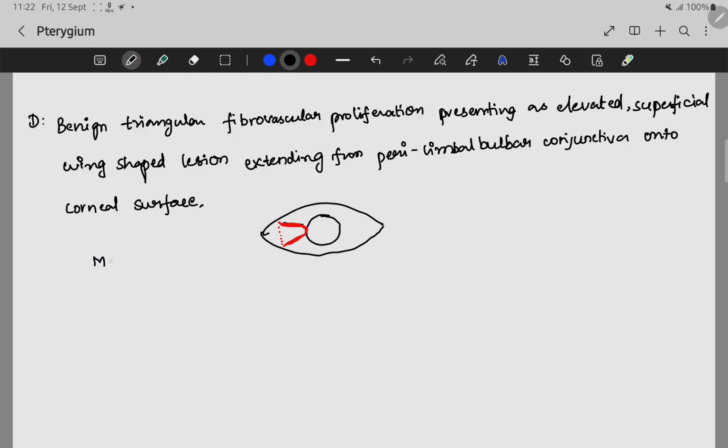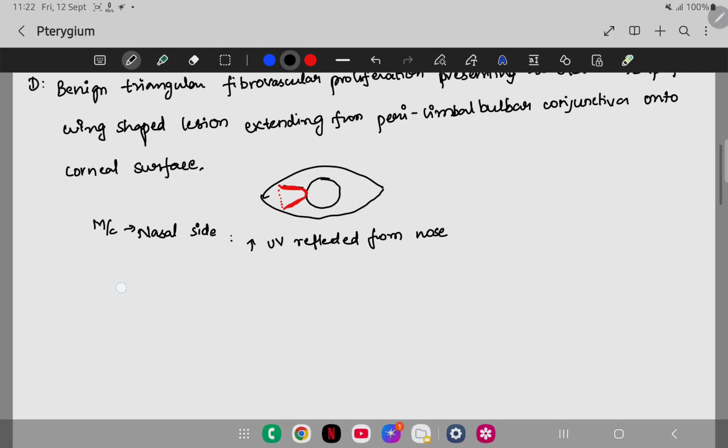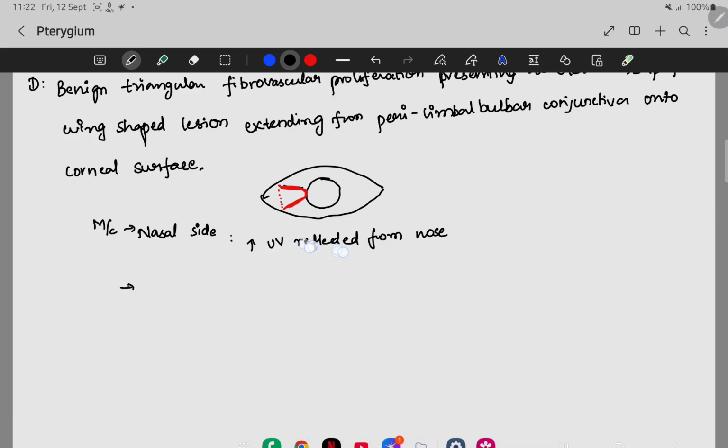It is most commonly on the nasal side of the bulbar conjunctiva because of more UV rays which are reflected from the nose.